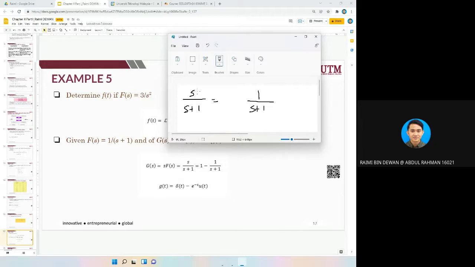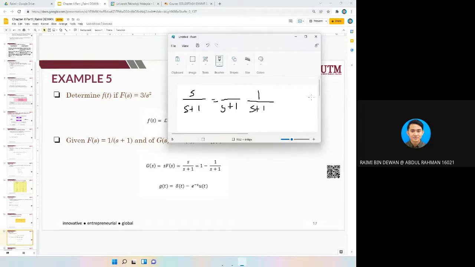Because you should know that something, this function multiplied with some function, in order to have this equation back. Or maybe I can do it for you.